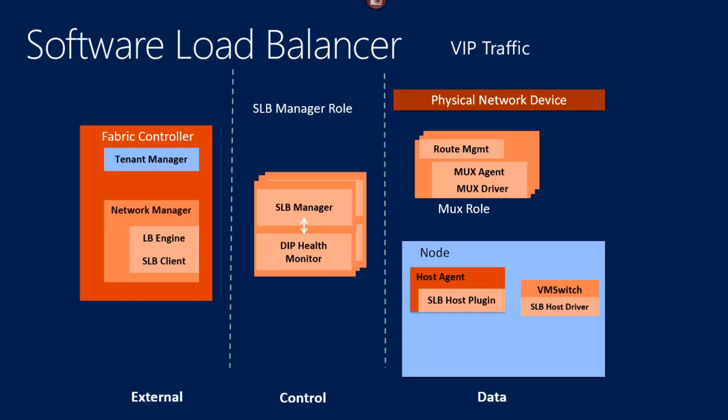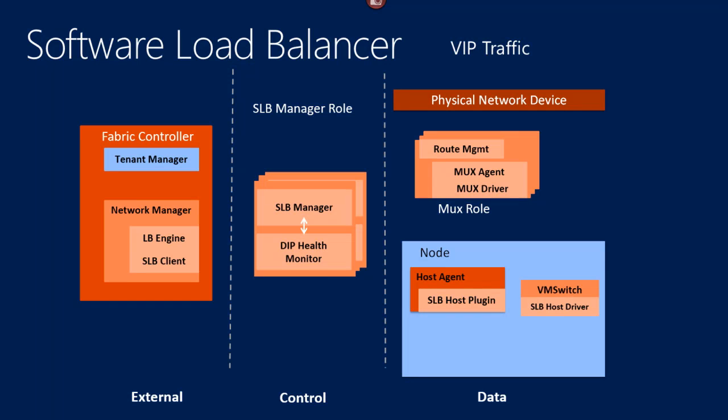On the far left is the Fabric controller. In the middle is the Software Load Balancer manager role. And on the far right, that orange in the middle is the SLB MUX role. Then the bottom is an actual node, and you can see some SLB agents there on that node.